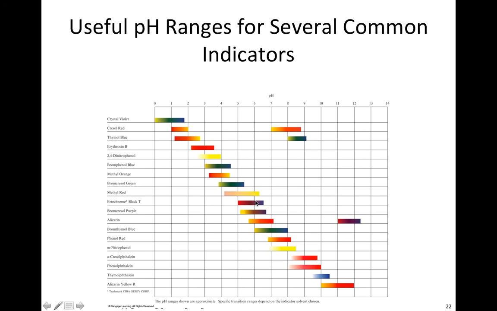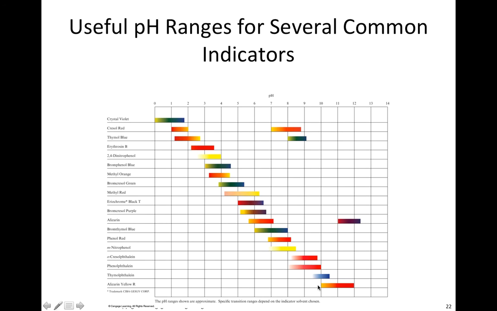Maybe this eriochrome black or this alizarin, but not bromothymol blue because that's going to be yellow. But if pH is 7, then bromothymol blue will turn green right at pH 7. So if we know that the pH is going to be 7 at the equivalence point, maybe bromothymol blue is a good choice, or maybe phenol red.